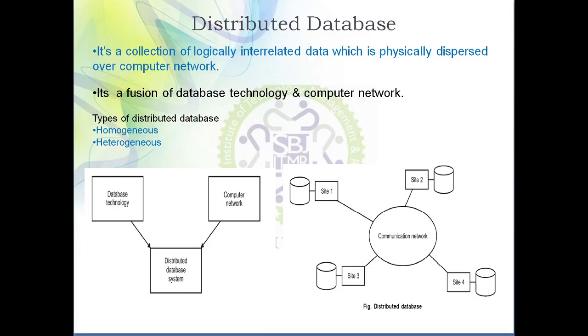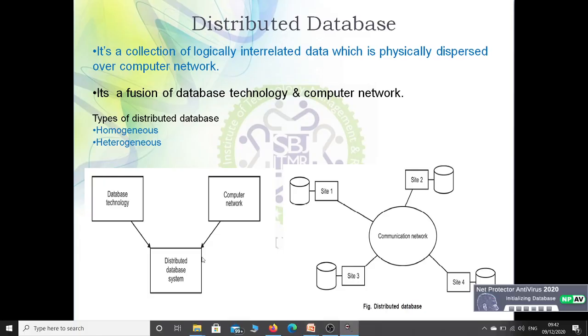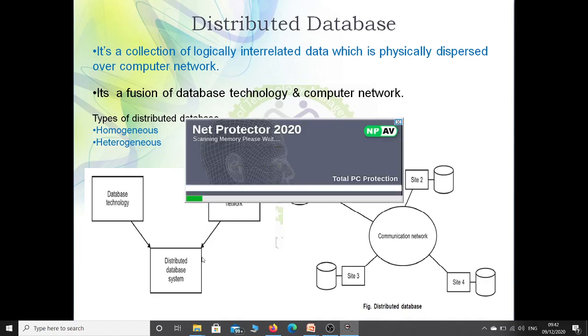I will give a simple example to illustrate the concept of a distributed database. Say you have an account in the SBI Trimurti Nagar branch, Nagpur. Now you want to withdraw money from Amravati. You are in Amravati, so you are using their ATM.